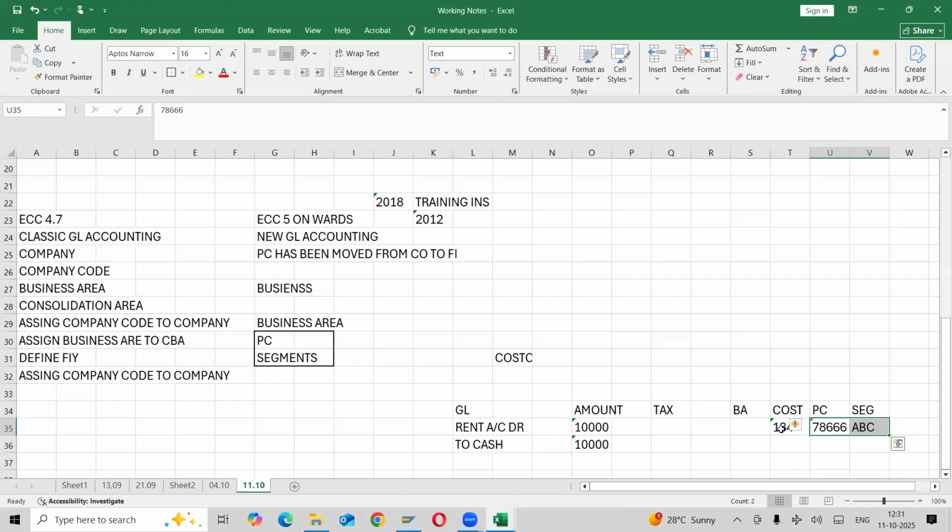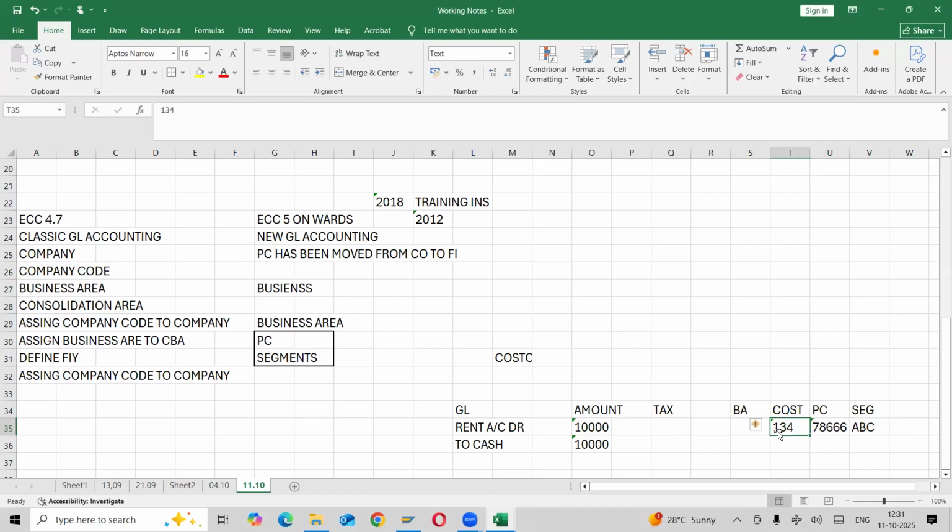If I give a cost center, that is enough, and you save the document. Then when you generate a report, you can see cost center, profit center, and segment. Internally we do the configuration so that profit center is linked to cost center and segment is linked to profit center. So even though we have not given the profit center, it will automatically pick it from your cost center.